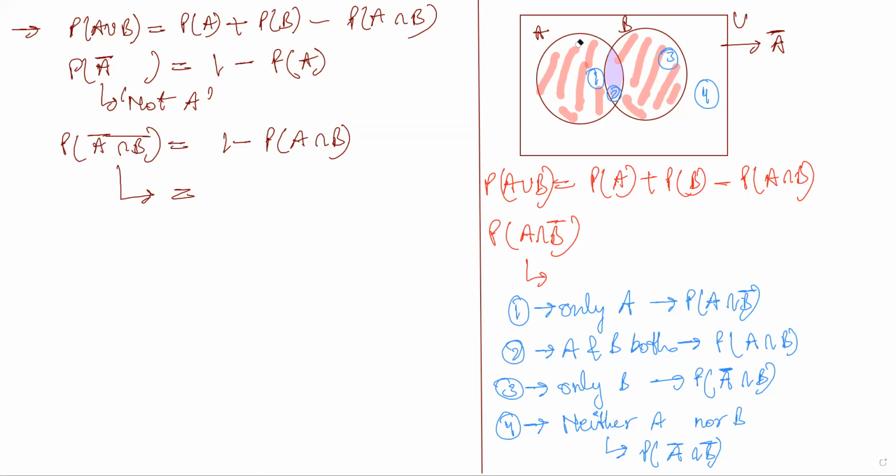So there are four portions involved in two-set theory, the theory of two sets.